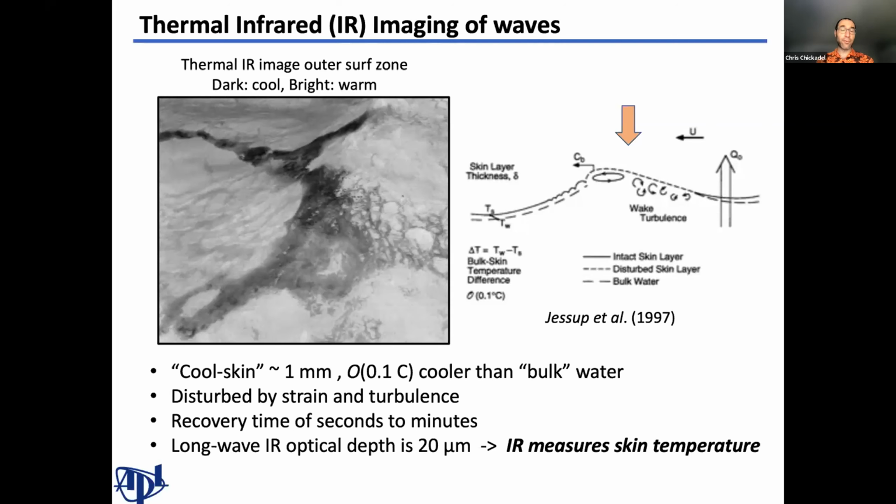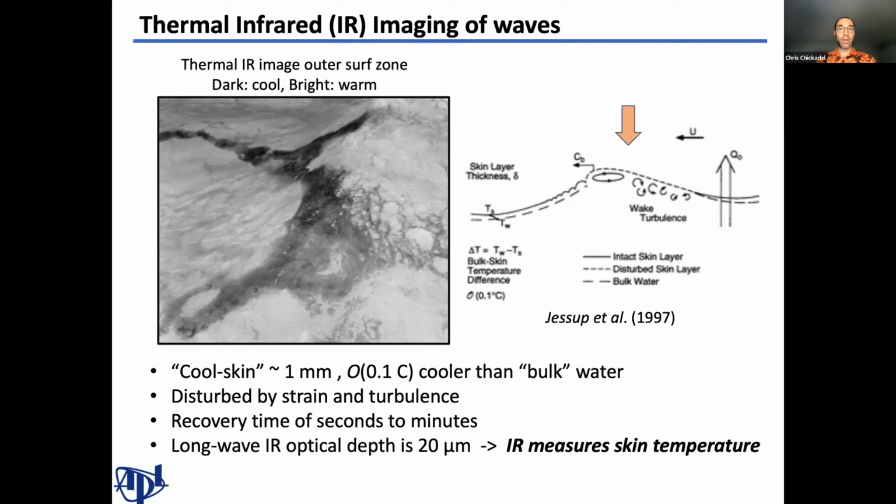The temperature difference between the interface and the bulk water below this cool skin is of order tenths of a degree, and that's pretty typical. Because of the thinness of this layer, it's easily disturbed by turbulent straining and bubbles rising to the surface.